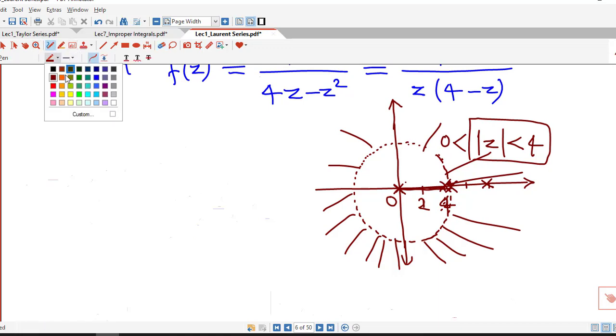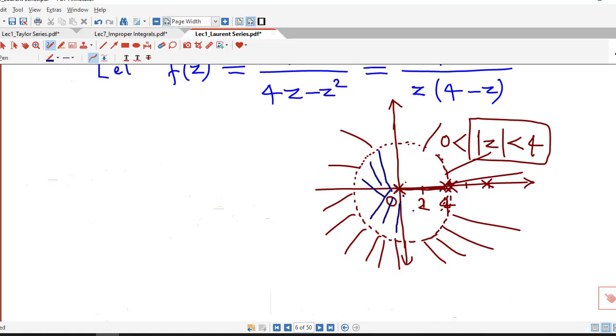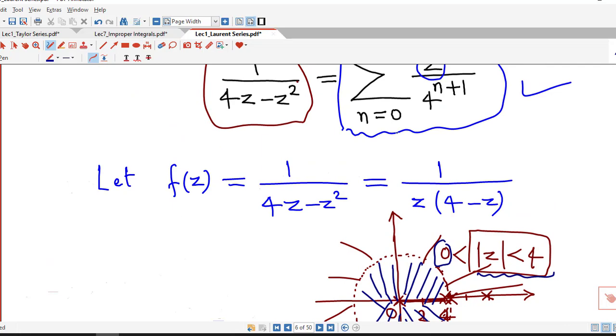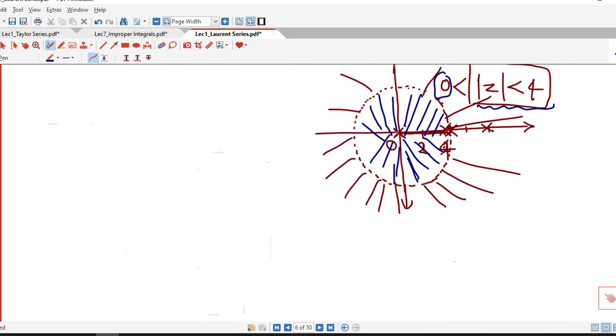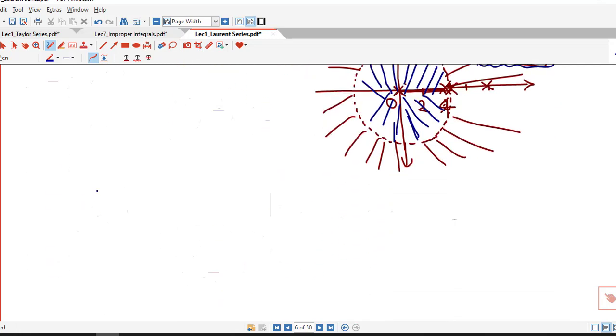That means the function is analytic at all the points in this disk except z equal to 0. So we are representing our function as a Laurent series inside this open disk, excluding the center of the open disk, so that we have this annular domain 0 less than absolute value of z less than 4.